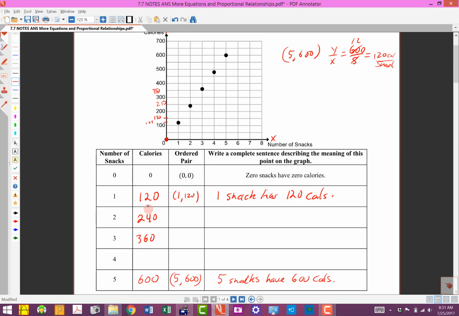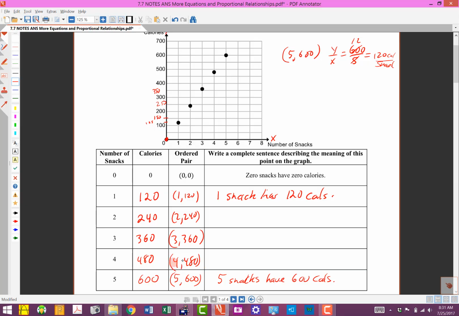This one would be, let's see, 12, 24, 36. This would be 48, add a 0. So we've got 2 comma 240, 3 comma 360, and 4 comma 480, and then counting by that other 120, that would get us up to the 600. So I think we're in really good shape here.